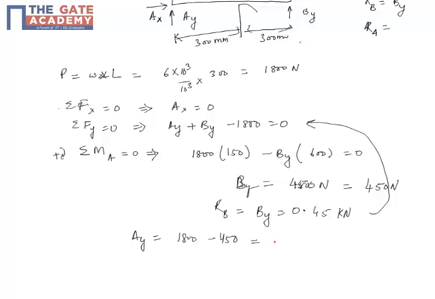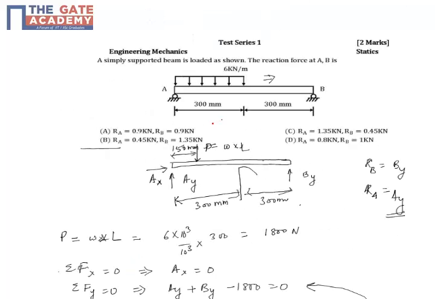Remember, the equation is still in newtons, so it's 1350 newtons, which is 1.35 kilonewtons. Remember, you don't have Ax, so RA will be directly Ay; otherwise you would have taken the resultant. So 1.35 and 0.45.